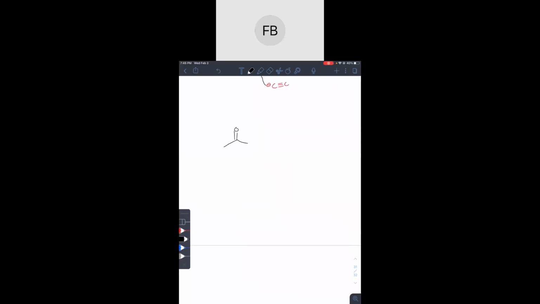And let's say that I took a Br and attacked this carbon right here. What would happen? We would have this with a Br on it. But there's an issue. What's the issue here? Can I get it in the chat? What's the issue with what I've just drawn here?